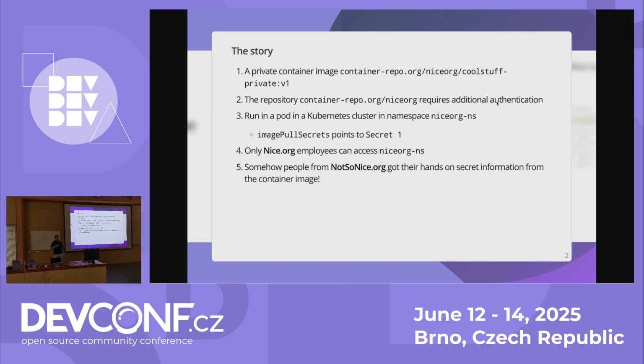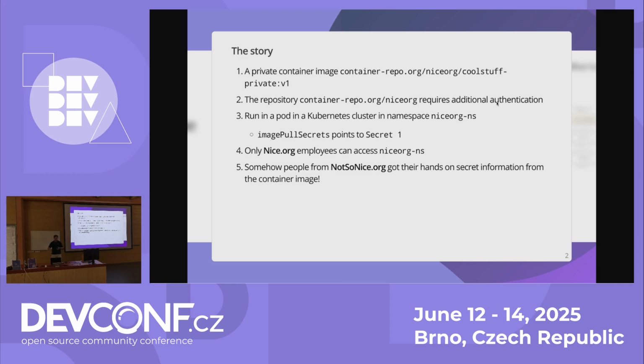And since you've got a container image, you may want to run it in Kubernetes. In order to pull from a private repository, you need to add your credentials inside a secret, and you would then reference this secret inside of your pod manifest, right?